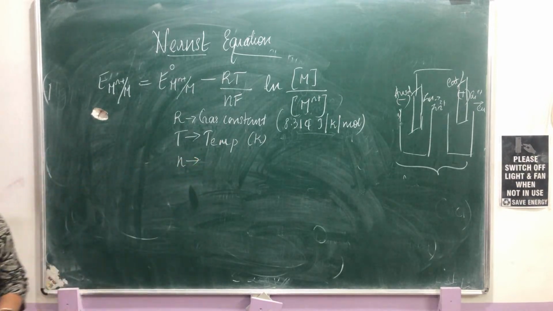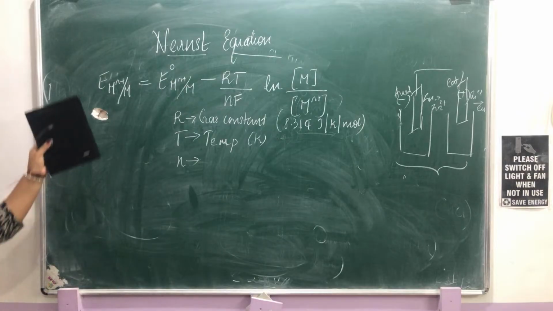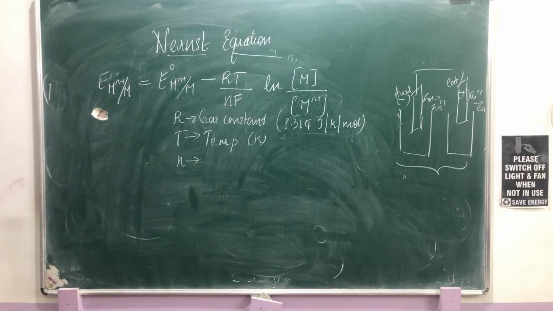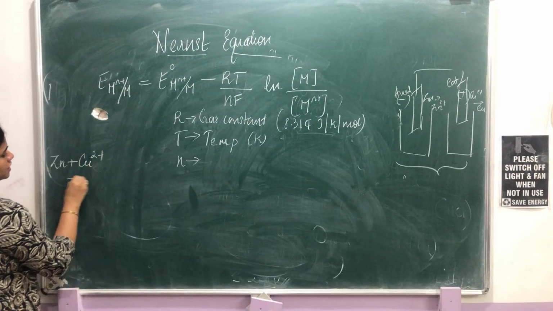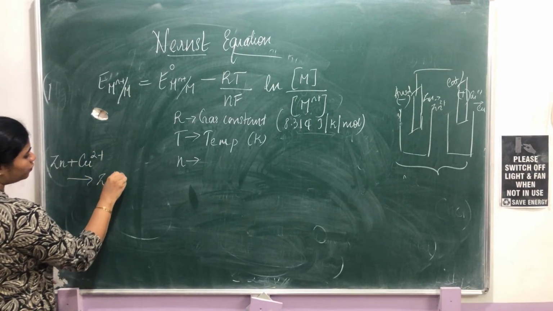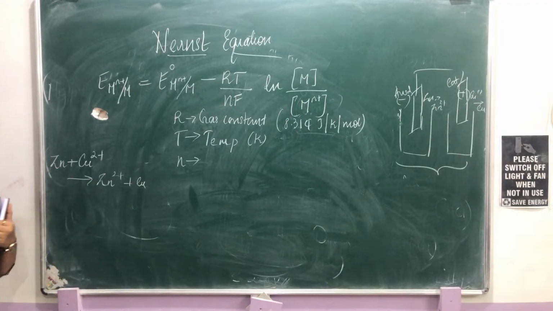Now N. Listen here. This whole equation that we are having is for any of the reactions, correct? What is the basic reaction that we studied in the Daniell cell? Zn plus Cu2+ giving Zn2+ plus Cu. This much is clear.